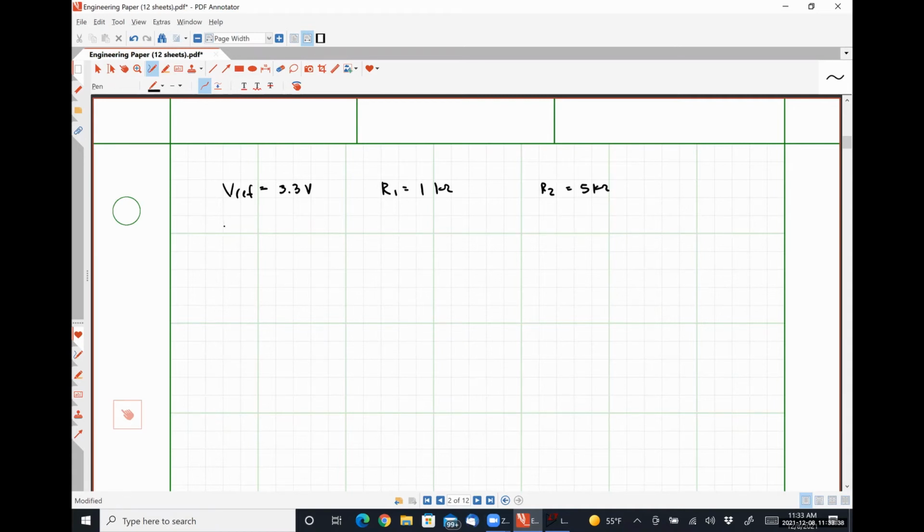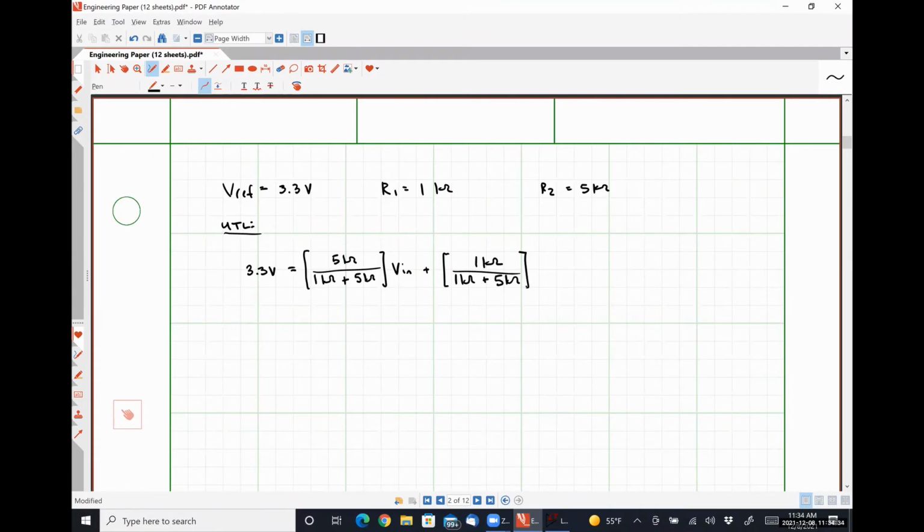So if we want to find the upper trigger limit, our equation is going to look like V reference, which is 3.3 volts, is equal to R2, which is 5K, divided by R1, which is 1K, plus R2, which is 5K, times Vn, which is what we're trying to solve for, plus R1, which is 1 kilo ohm, divided by 1 kilo ohm plus 5 kilo ohms times V out.